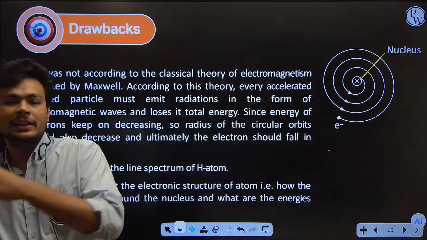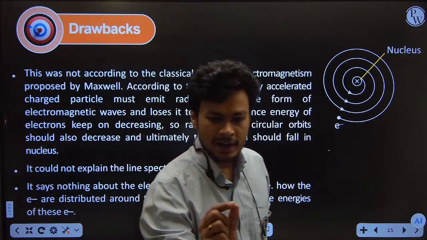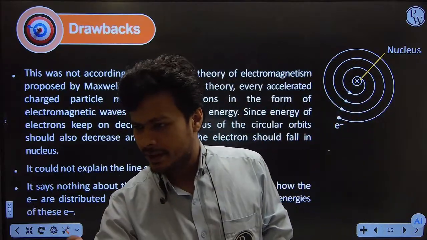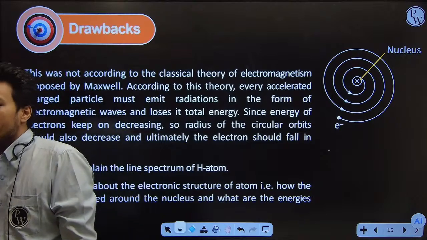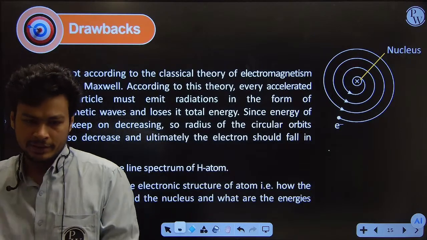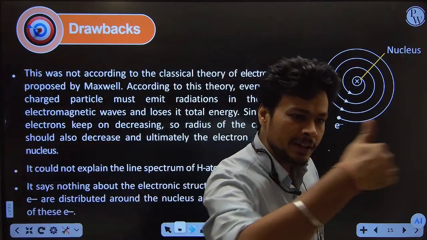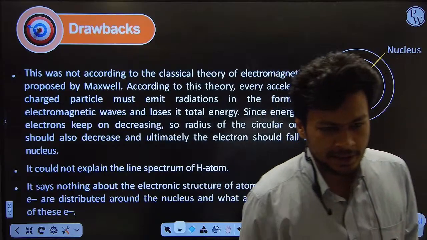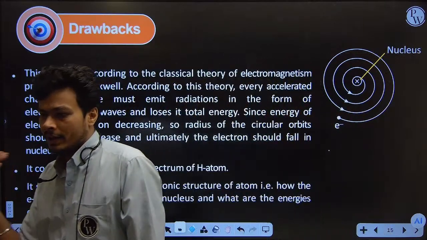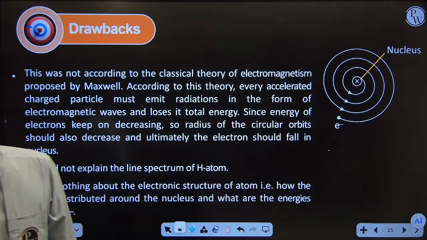Maxwell. So Maxwell said that if there is a charged particle under acceleration, then it must emit some electromagnetic radiation. What does electromagnetic radiation mean? Some electric field it will radiate, some magnetic field it will radiate. So if you are radiating electric and magnetic field, you are losing energy, right? Everything is energy.